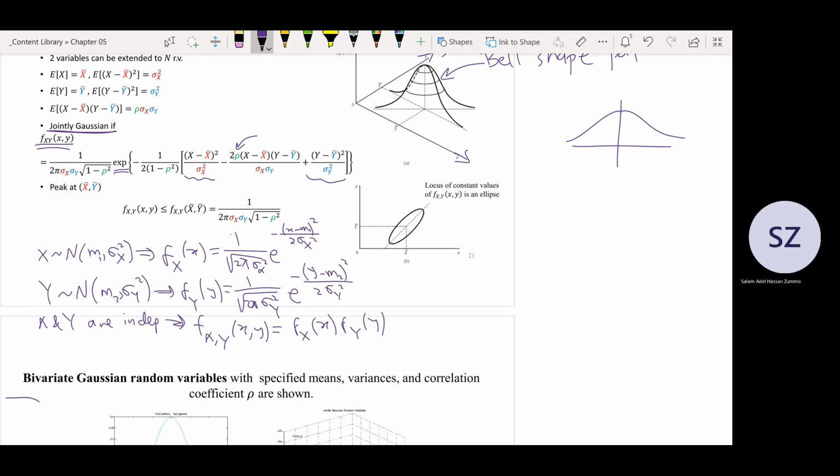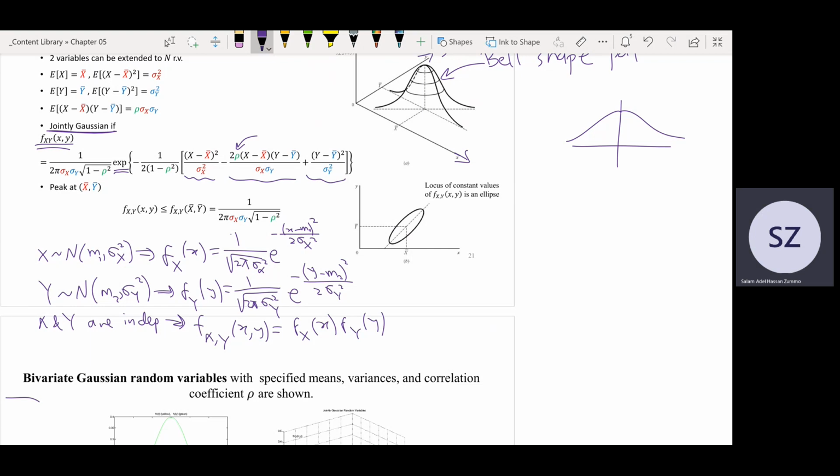Now if they are jointly Gaussian but not independent, there is a relation between them, they interact with each other. Then in this case, there is a term that connects them through the correlation coefficient between them. This term is the connection between x and y. This term gives you how x is related to y through the correlation coefficient. Clear?